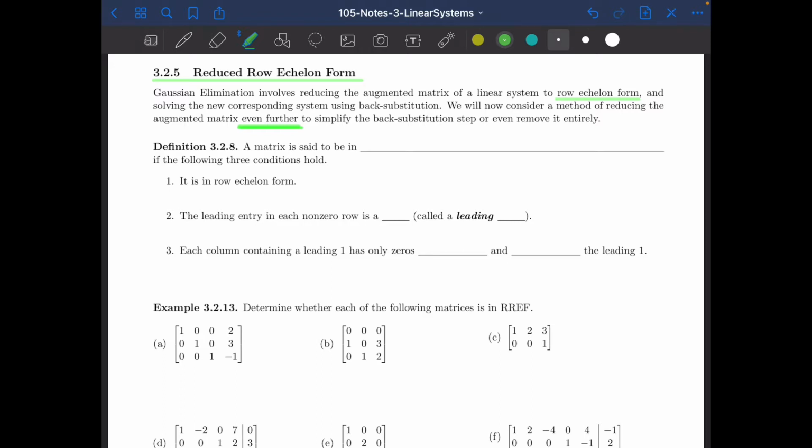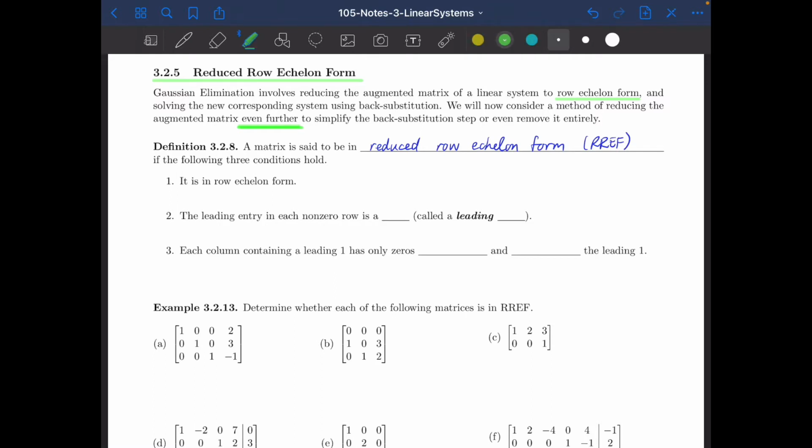Let's look at definition 3.2.8. A matrix is said to be in reduced row echelon form, or RREF, if the following three conditions hold.